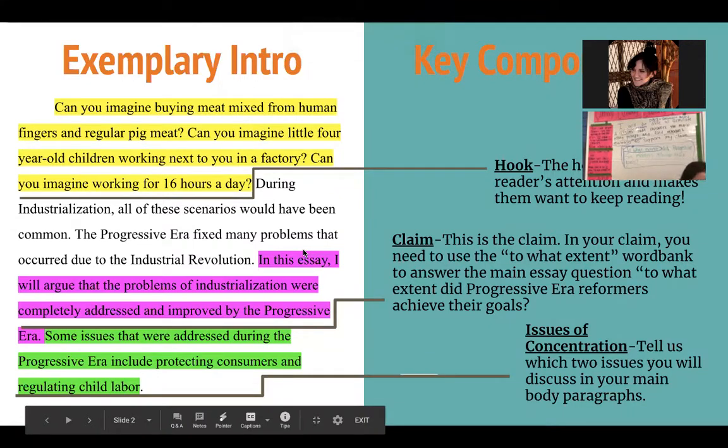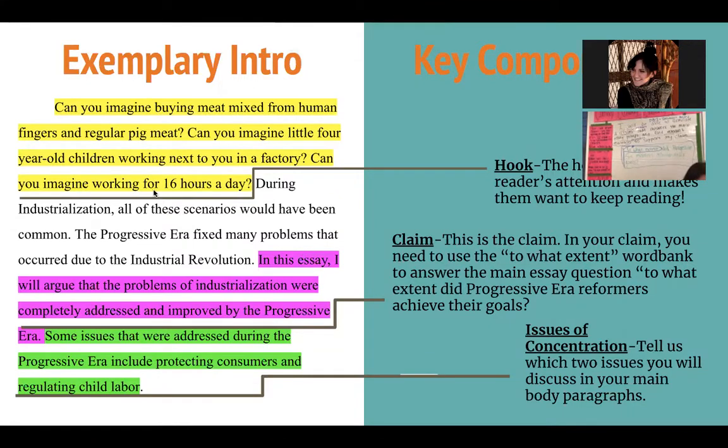So you'll notice that I've highlighted different parts of the exemplary introduction and identified key components, meaning aspects or parts of an introduction that you need to have in order to write a really excellent introduction and get your readers interested on what you are going to be speaking about in your essay. So first, I'm going to begin by actually reading the exemplary introduction.